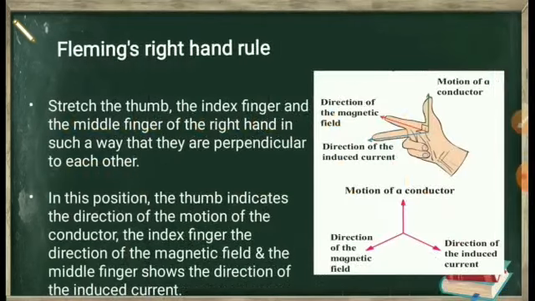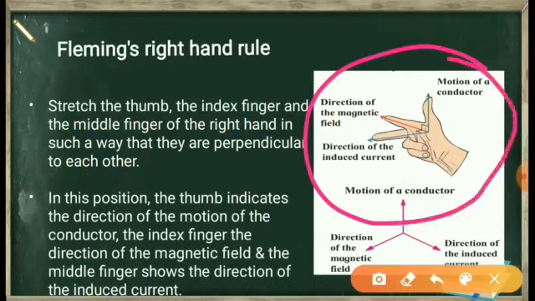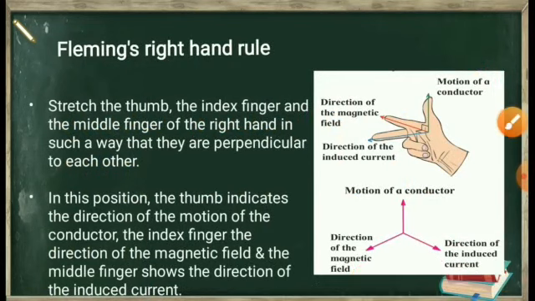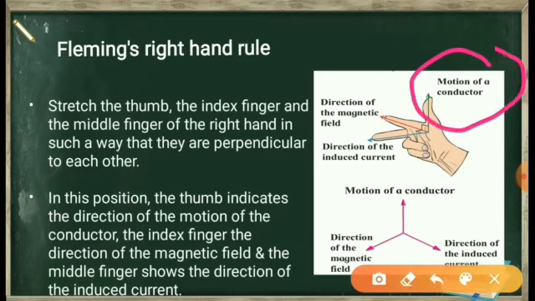Now let us see Fleming's right hand rule. Hold your hand in this way as shown in the figure. Stretch the thumb, the index finger and the middle finger of your right hand in such a way that they are in perpendicular directions to each other. The position of the thumb indicates the direction of the motion.